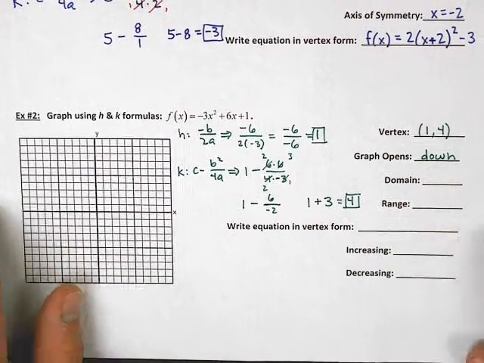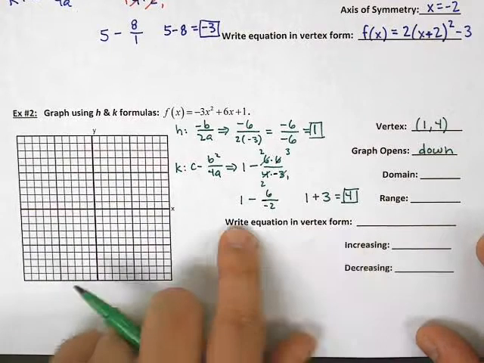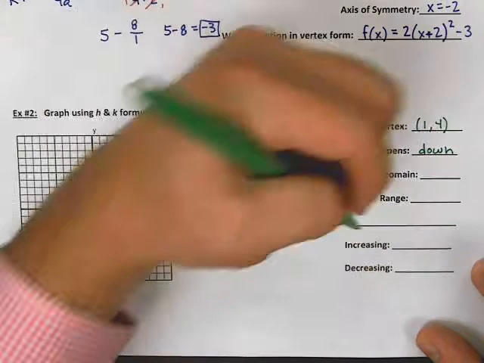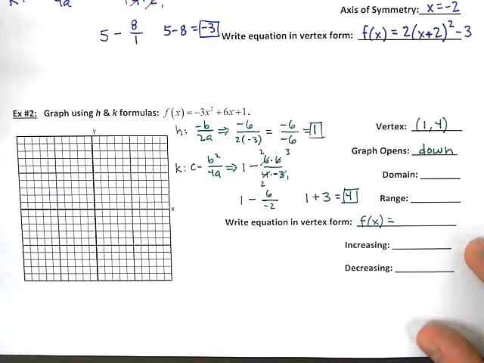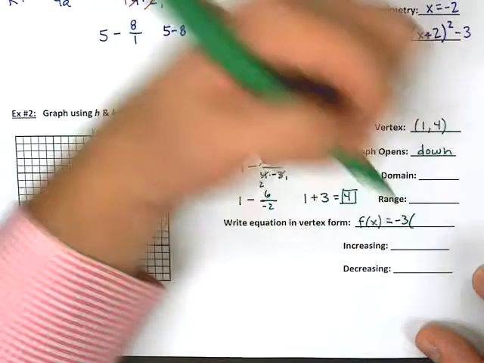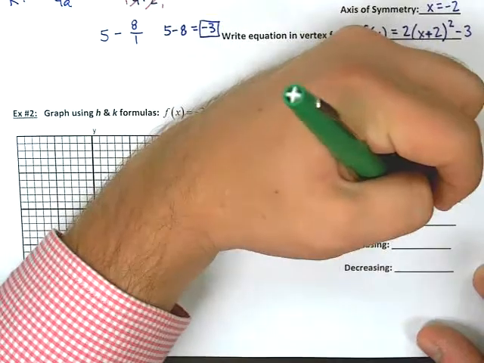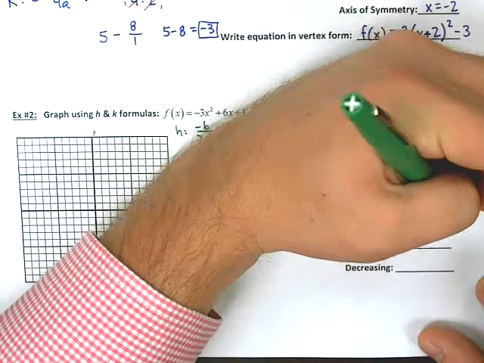I want to have a graph. So let's go right to writing the equation in vertex form. We know f of x. Remember, the a value holds. So my a value was negative 3 originally. It's still negative 3. But then you do x minus h, so x minus 1 squared plus k.